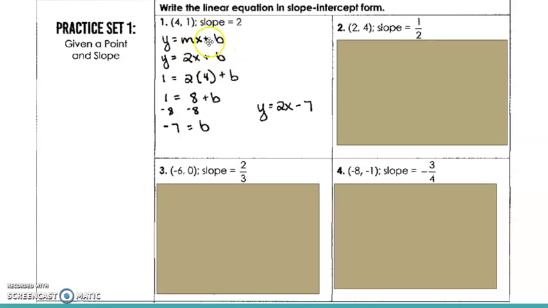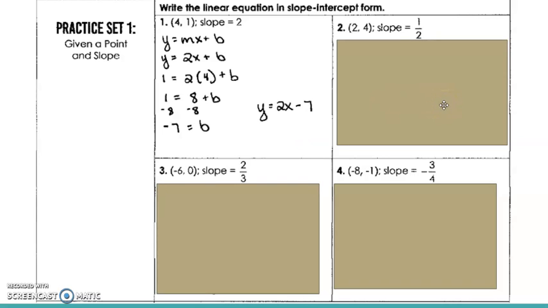To figure out our b, our y-intercept, we're going to take our point and plug in our x and our y. So in this case, 1 is our y and 4 is our x. And then we're going to solve for our b. Once we solve for b, we are going to go back to our slope-intercept form, and we are going to replace m and b. So our final answer is going to be y equals 2x minus 7.